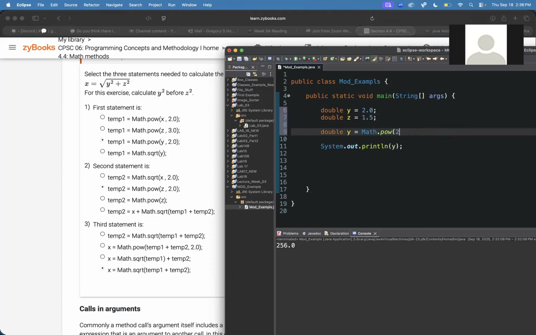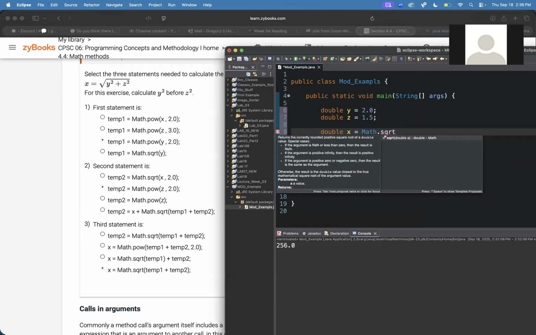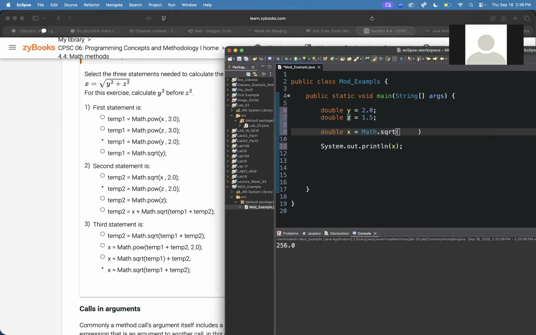And then when we get to calculating the x, if we were trying to calculate the x using this formula, I would say, well, overall, this is a square root, right? The last thing that happens is the square root. So I would say capital M math.sqrt parentheses. I'll just leave some blank space in there. In the square root, what do we have? Well, we have y squared.